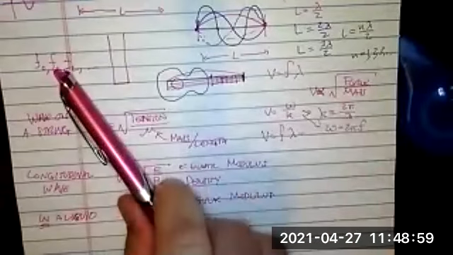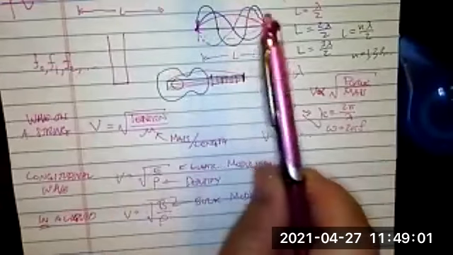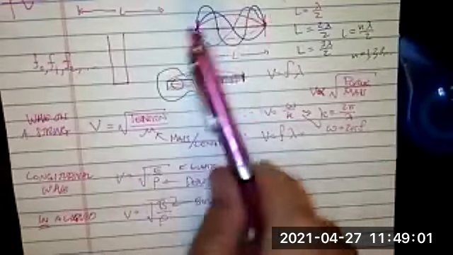Now you know how to treat all that. You can actually say, if I know, for instance, the fundamental frequency, I know how to get the second frequency if it's got a node on each end. For a node on each end, the wavelength is in fact 2 times the length over n.